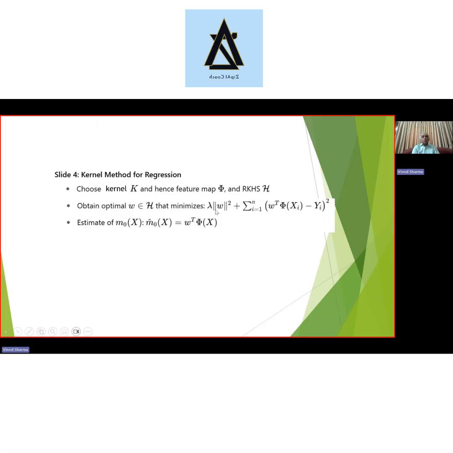So we find w which minimizes this. And what is this? You compute the estimate corresponding to xi for a given w, find the difference from yi, take a square, sum them up, and add to that this regularization term, lambda norm of w squared. You find w which minimizes this, and that w you use here to get the estimate m naught x corresponding to this kernel.